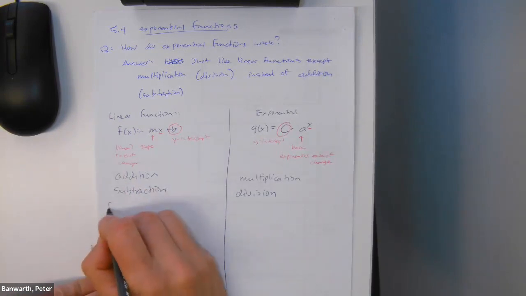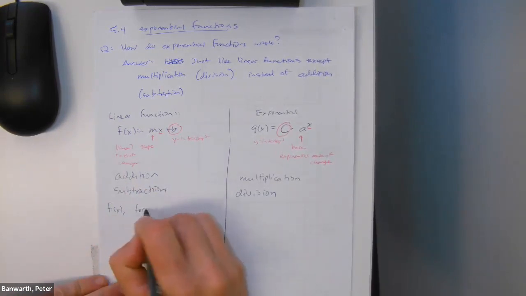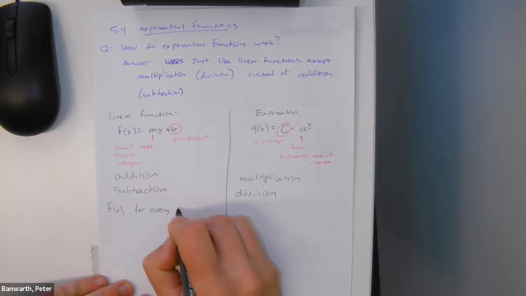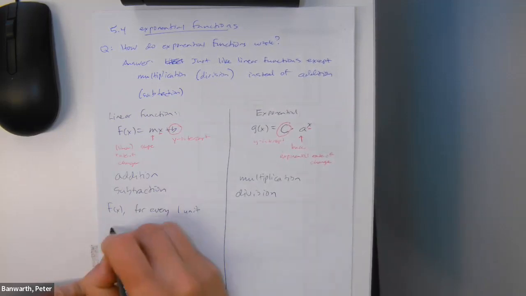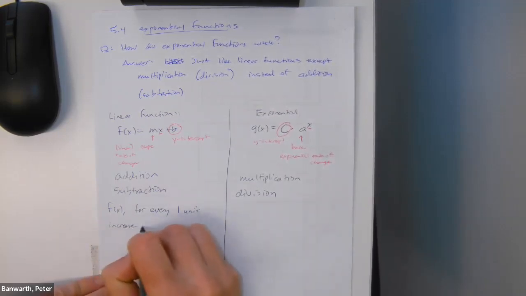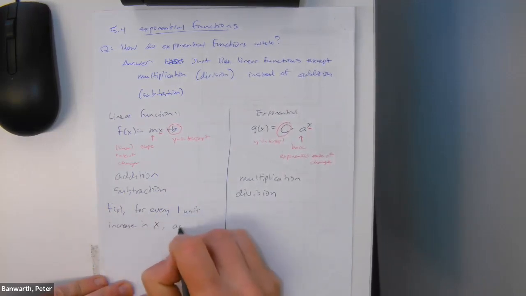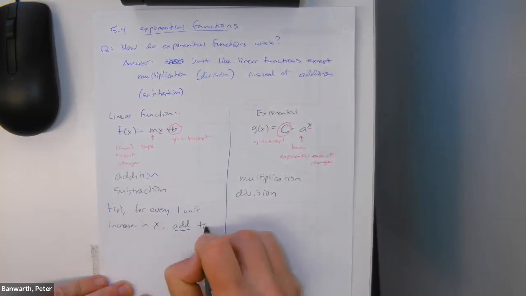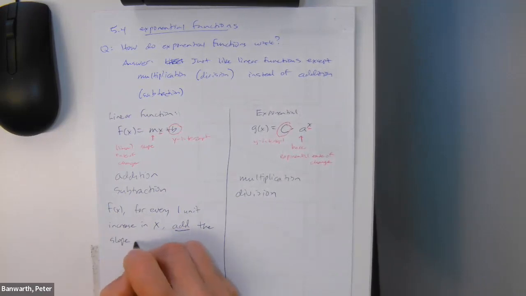In a linear function f of x, for every 1 unit increase in x, I add the slope m to the output.